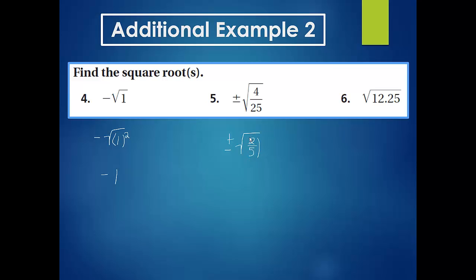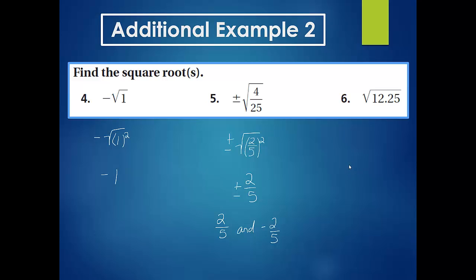So we have 2/5 times 2/5, and that would give us 4/25. So we have plus or minus the square root of 2/5 squared. So then the square root would just be 2/5. And we have plus or minus 2/5. So that means we'd have 2/5 and negative 2/5.